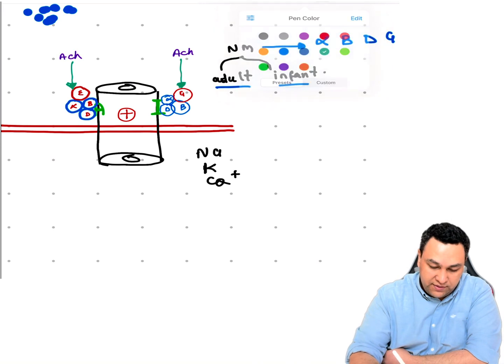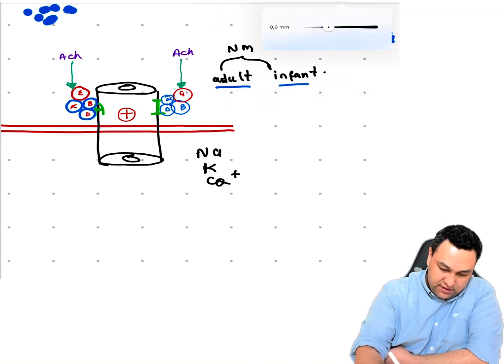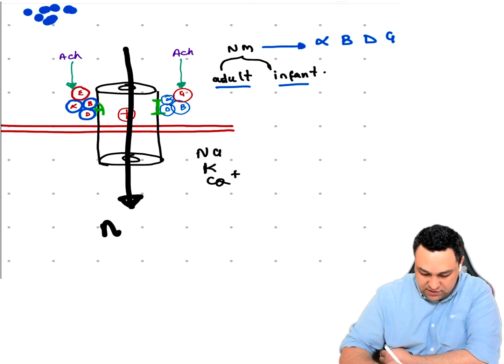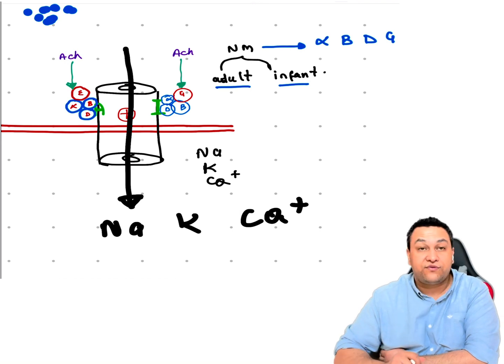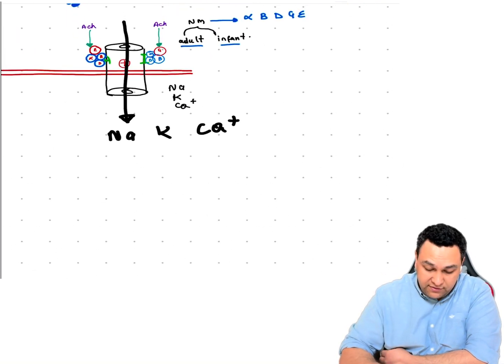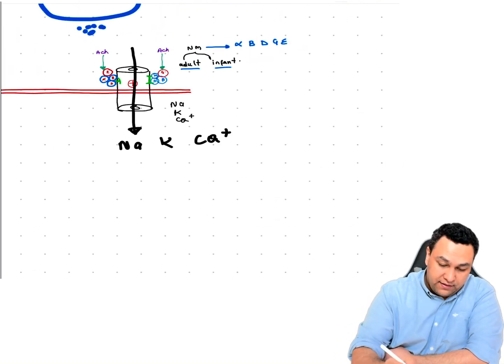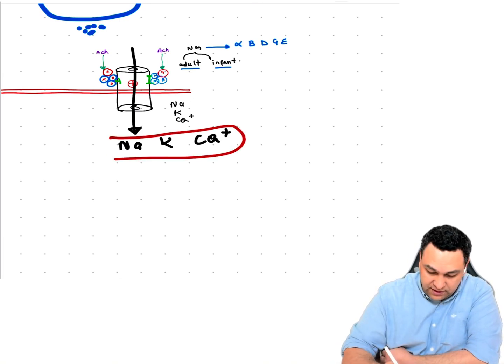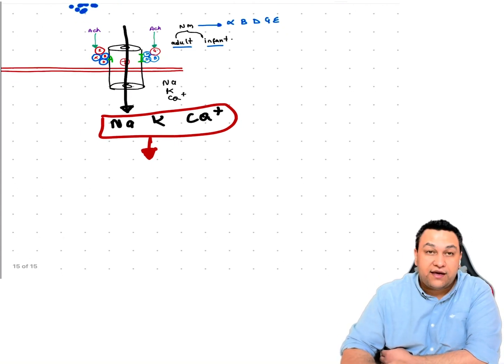From the channel there will be a leakage of sodium, so sodium, potassium, and calcium can enter through this channel. As they enter, they will change the intracellular charge, and as a result there will be provoking of the action membrane potential.